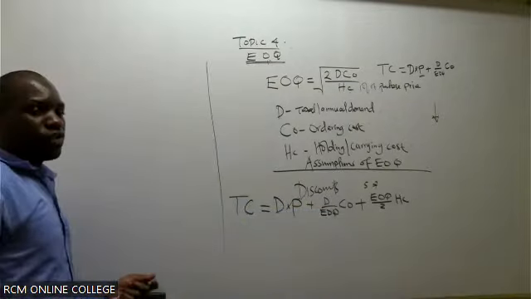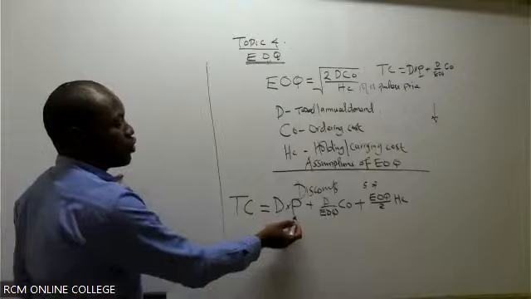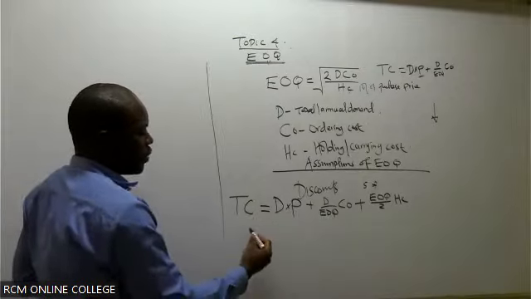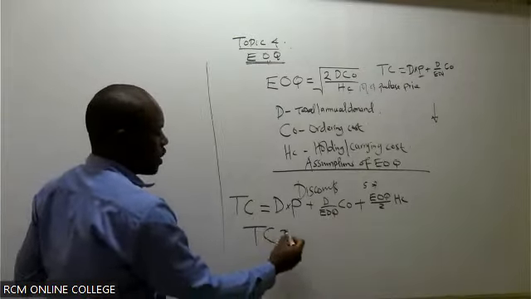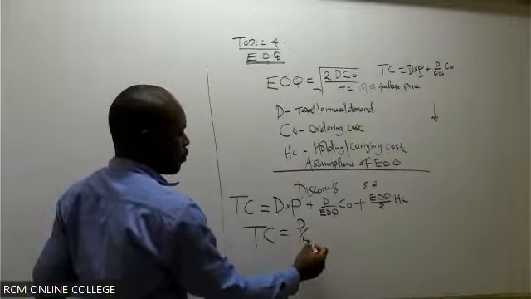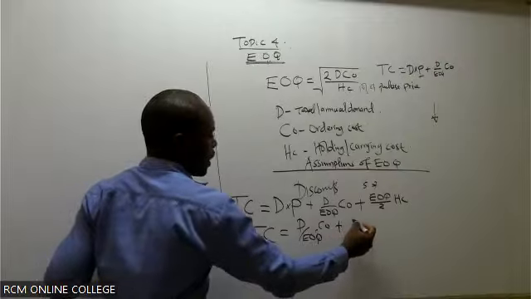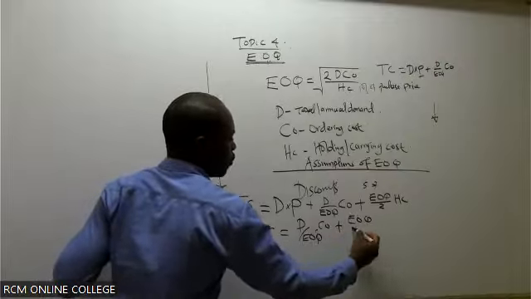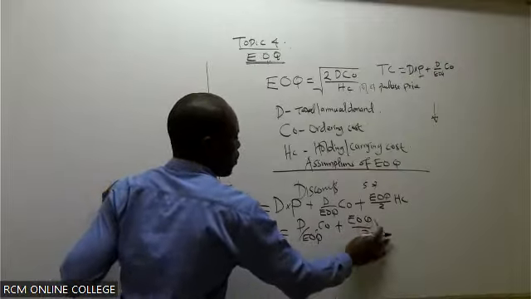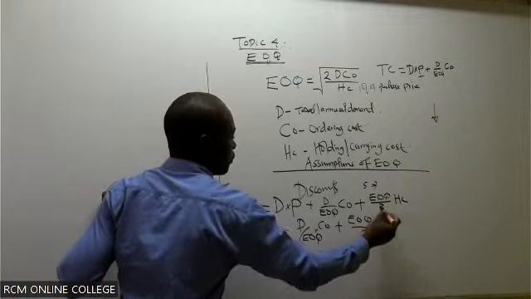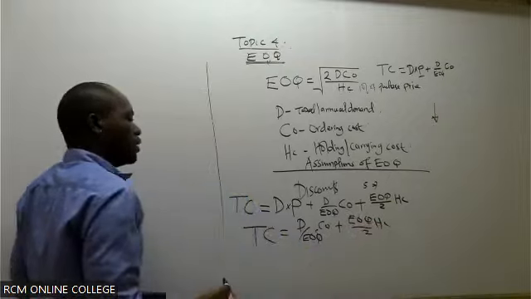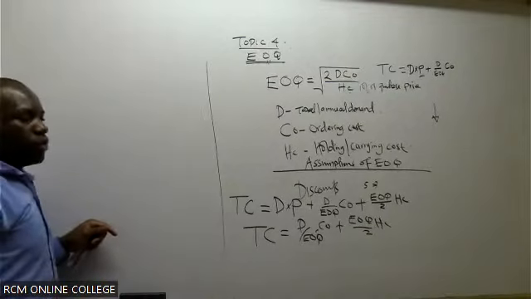Should you get a question whereby the purchase price is not given, then automatically your total cost still will be demand over economic order quantity multiplied by ordering cost plus economic order quantity divided by 2, then you multiply by holding cost. Because why do they assume this?